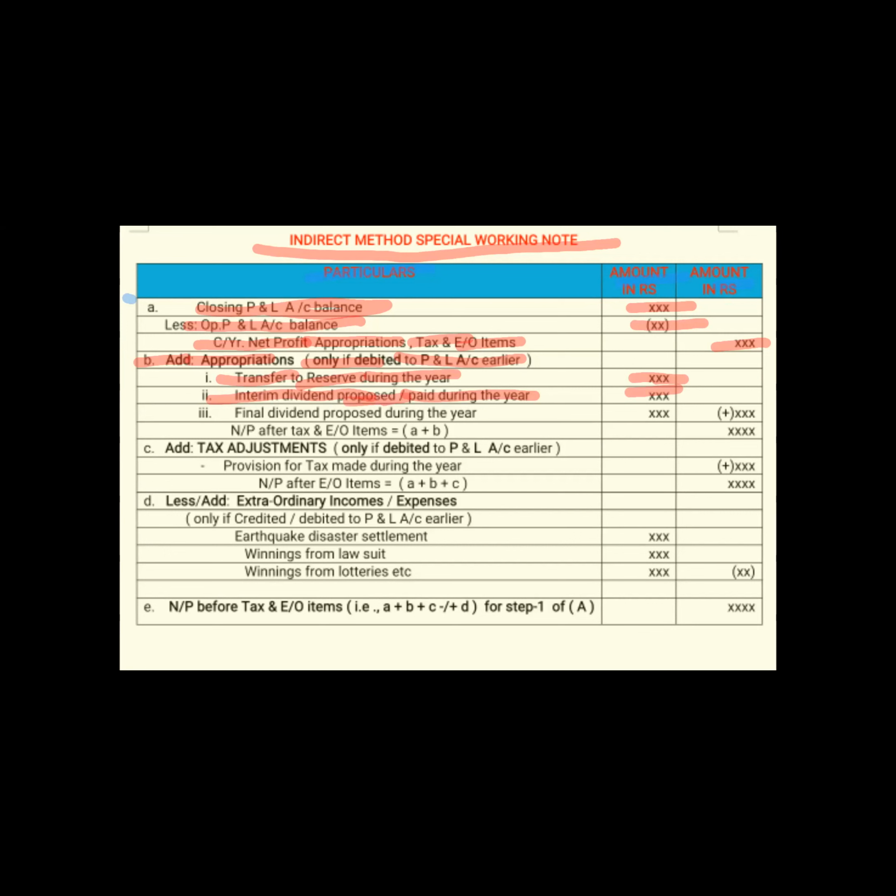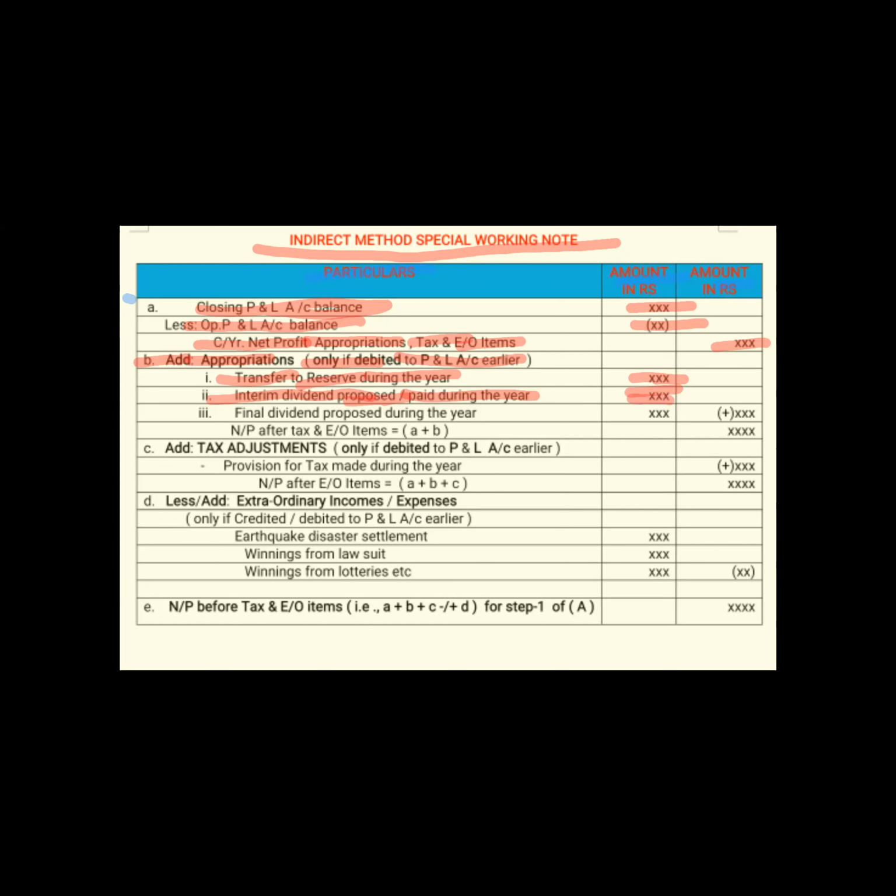What does interim mean? In between two AGMs. In the annual general meeting, generally shareholders will decide how much dividend they should receive, on the recommendation of the board of directors. So in between two AGMs, if the company declares any dividend or proposes any dividend, that is called interim dividend.